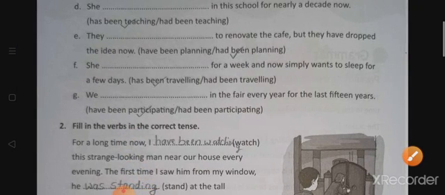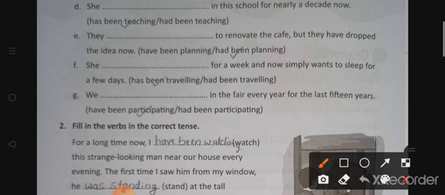Let's see the next one. She dashed for a week and now simply wants to sleep for a few days. So here, what has she been doing? She has been traveling and that's why she wants to sleep for a few days. That means the traveling action is still going on.